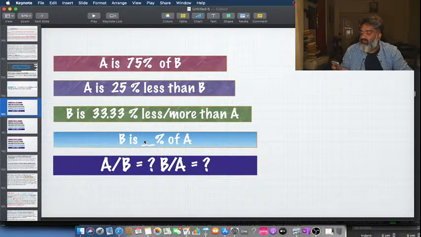And Sayam has given me the ratio but hasn't given me B is what percentage of A.